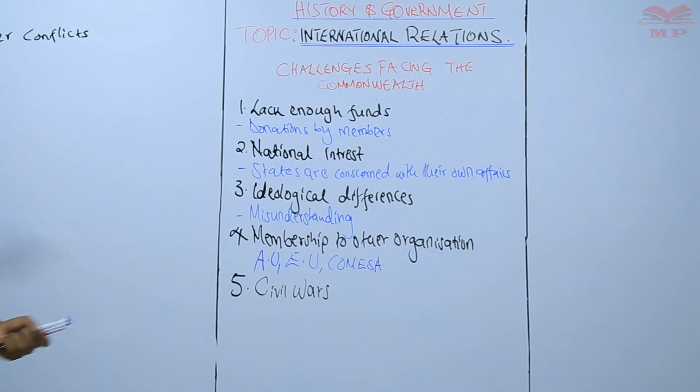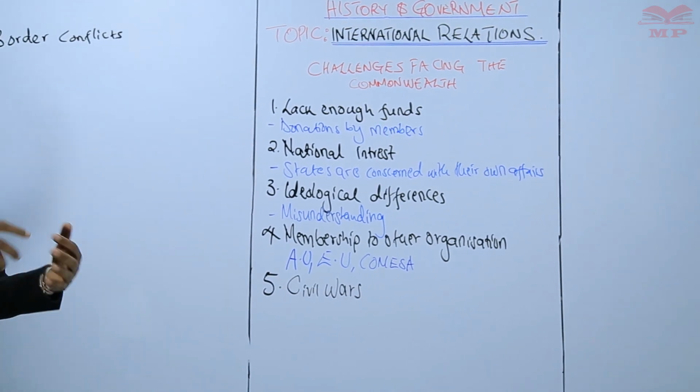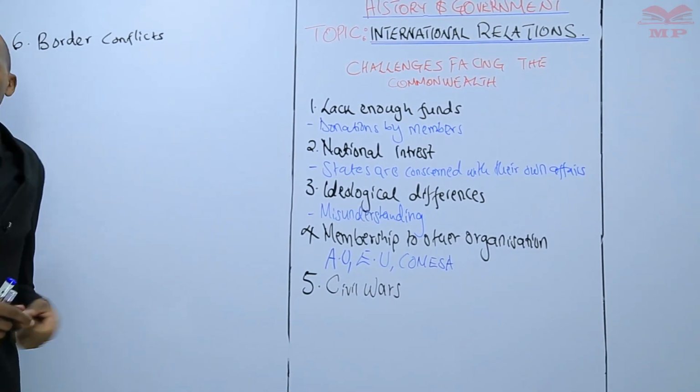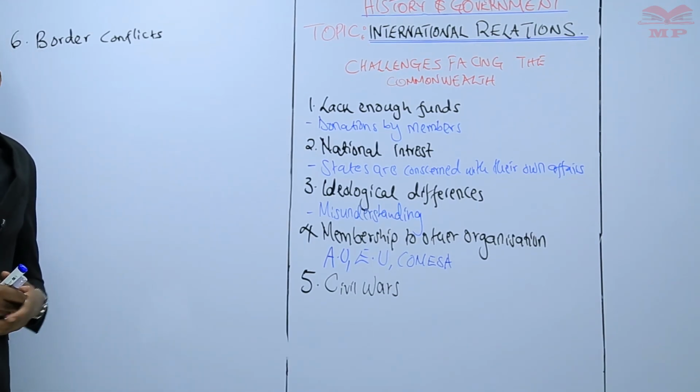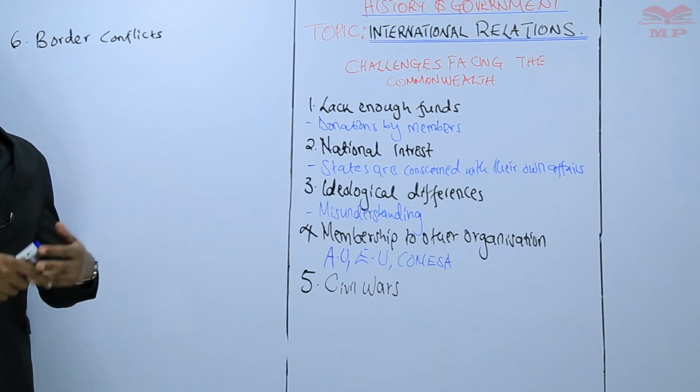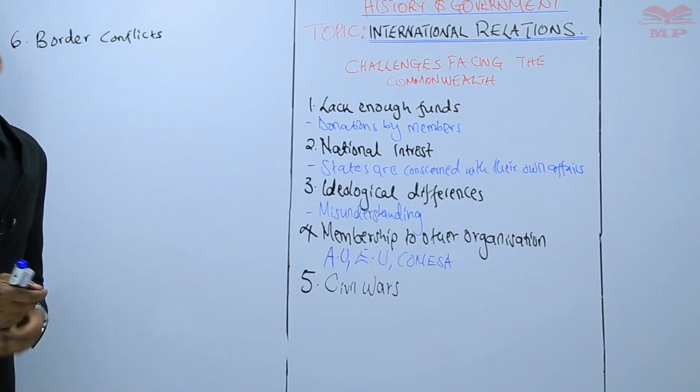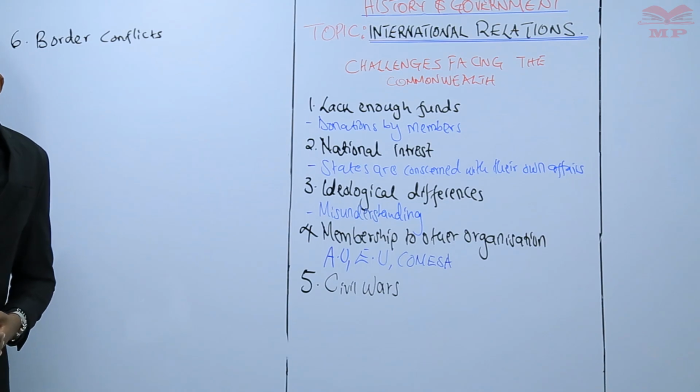So even when they come to discuss international matters, they have issues amongst themselves because of the border lying issues. An example is India and Pakistan. They have a long running, they are members of the Commonwealth, and they will come to be discussing peaceful coexistence. But they themselves as nations, India and Pakistan, you'll find they have border issues amongst themselves.